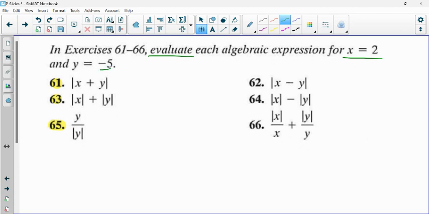Oh, sorry, x equals 2, y equals -5 also. So the first one is the absolute value of x plus y. Notice absolute value is a grouping symbol. So when I do absolute value of x plus y, 2 goes in for x, -5 goes in for y. And so this would be the same as 2 minus 5, which is the absolute value of -3. And we know the absolute value of -3 is 3.